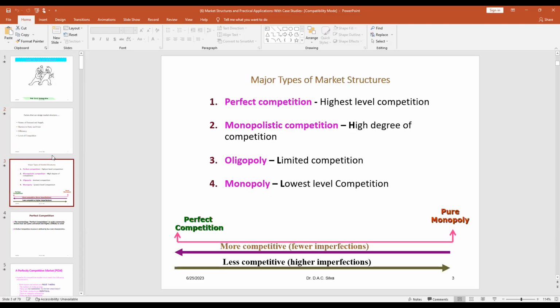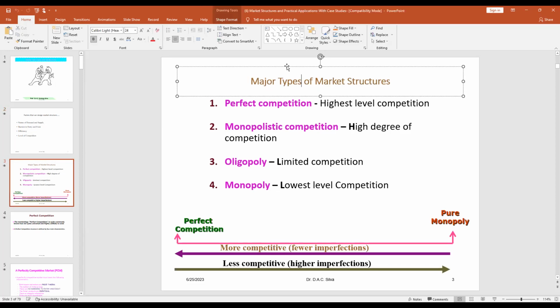These are the major factors that decide what market structure we have in different markets and products. So, the major types of market structures. We have developed different types of market structures, but at your level we are going to talk about only 4 structures: perfect competition, monopolistic competition, oligopoly, and monopoly. We have to finish all 4 market structures.